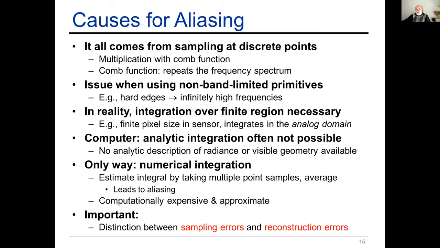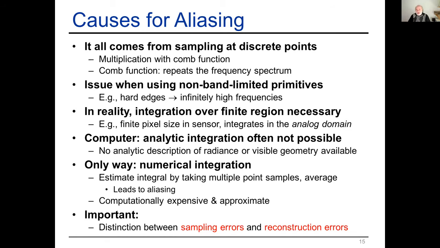And what we will look at is, can we somehow reduce this aliasing? We will not be able to remove it completely. Now, in reality, in a real camera, we don't have this as much, because we're actually not sampling with an infinitely small point sample, as this delta function represents.